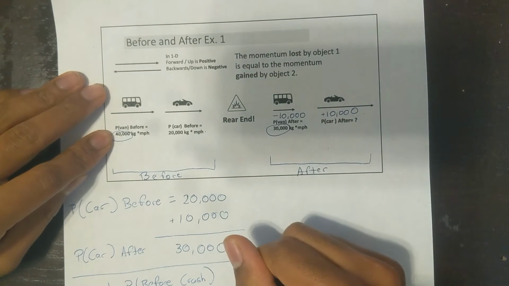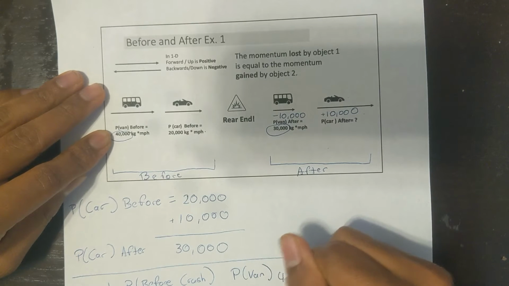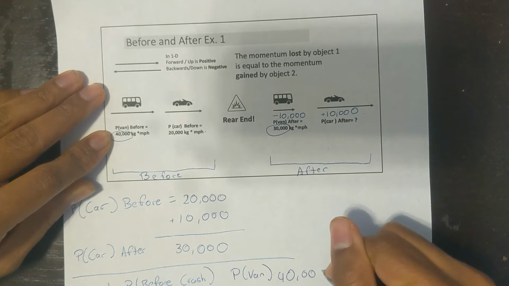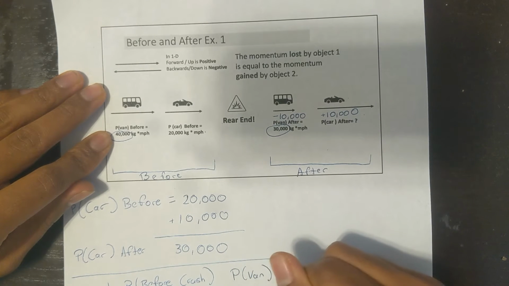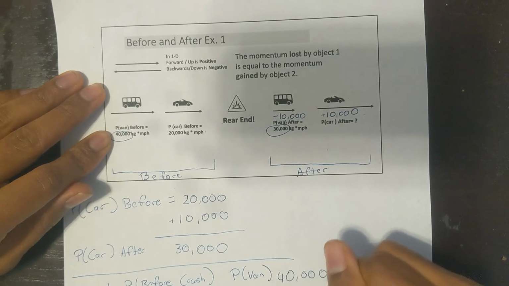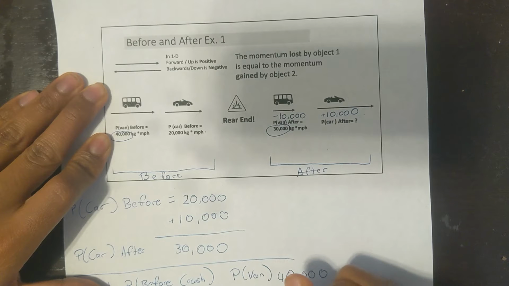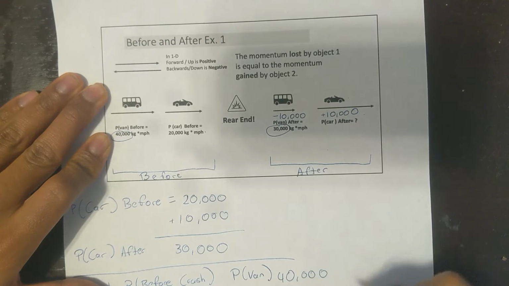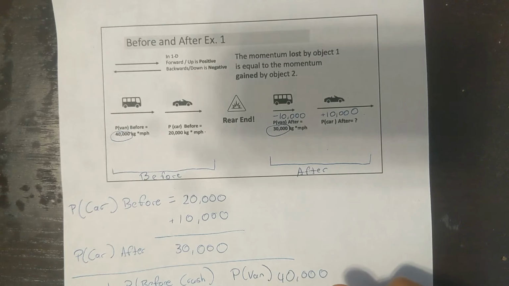One was the momentum of the van, which is 40,000. Momentum of the car, 20,000. Add those up: 40,000 plus 20,000 is 60,000. So the total momentum before the crash is 60,000 kilograms miles per hour.